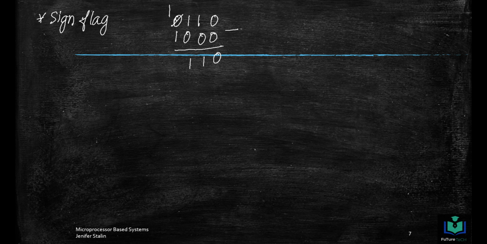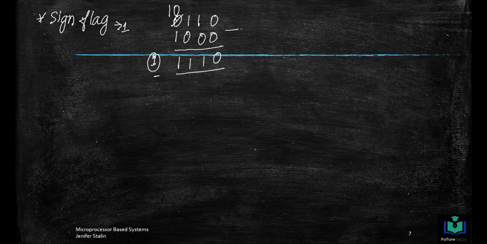So it becomes 10, and 10 minus 1 results in 1, and we have a borrow condition, or this can be written as minus also. It is resulting as negative. So during such conditions, the sign flag will be set to 1. Only when a borrow occurs will the sign flag be set to 1.